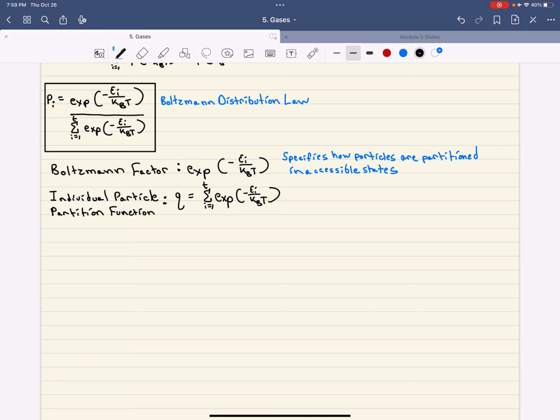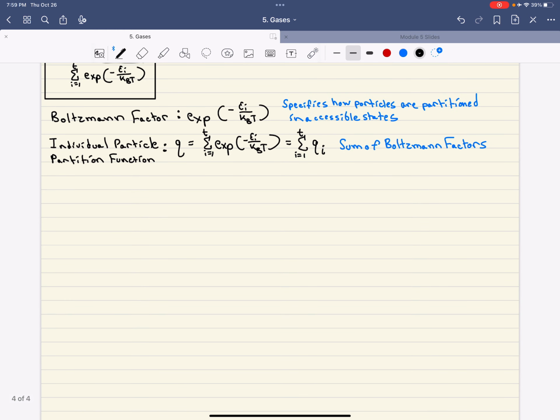Or we could write it like this. Essentially the partition function, just mathematically, is a sum of the Boltzmann factors. And moving forward, when we talk about probability, we're typically going to write it as a Boltzmann factor divided by the partition function.